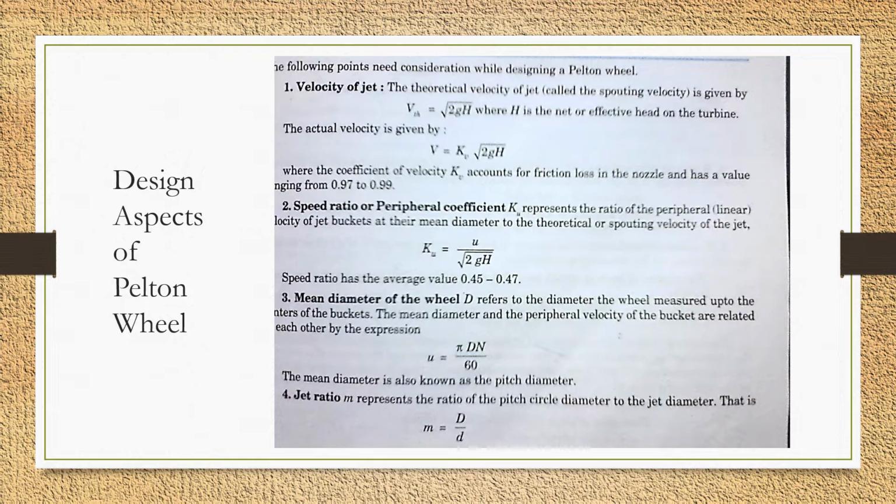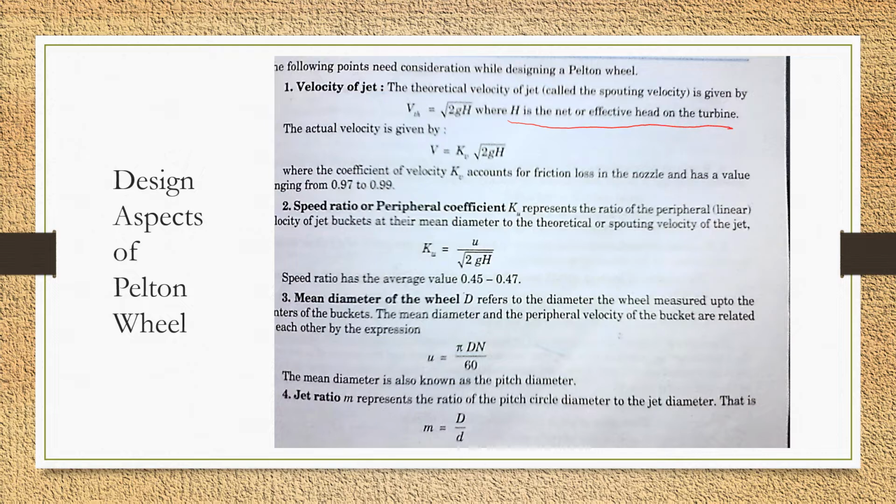Now coming to the design aspects of the Pelton wheel. The following points need consideration while designing the Pelton wheel. The first formula you have to remember here is the theoretical velocity of the jet, which is given by VTH equal to under root of 2gH, where H is the net or effective head.